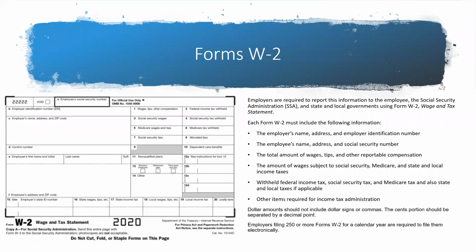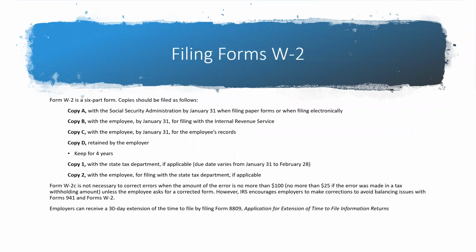Some other items are required to be reported on the Forms W-2, such as 2% shareholder insurance, which needs to be reported in box 14. Box 12 has a whole list of things that need to be reported in it, including compensation or deferrals for retirement plans, also potentially healthcare that was paid on behalf of the employee. So we'll look at each of these a little bit more in depth.